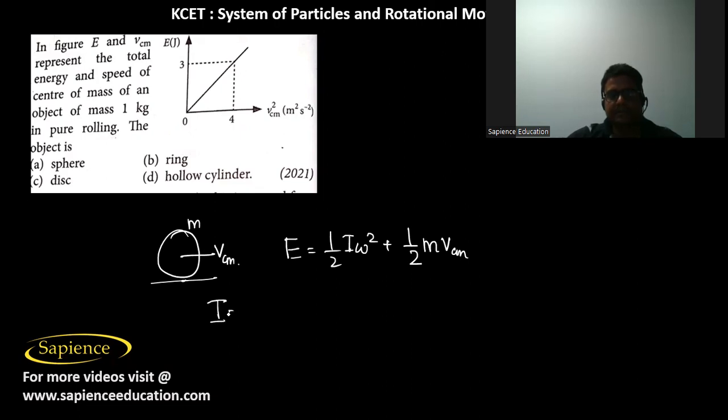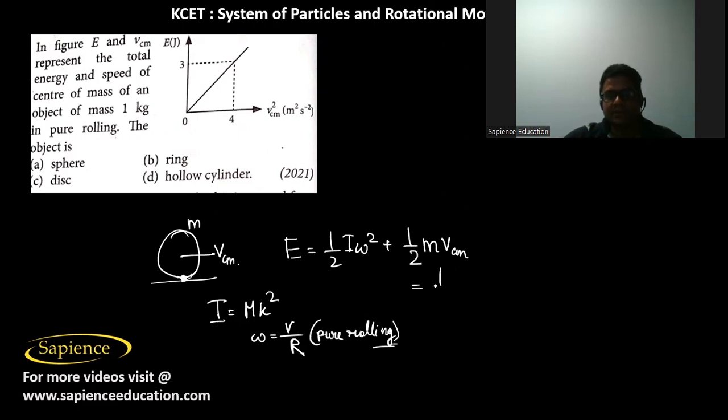And I can be written as m k square, and omega is obviously v by r, since it is pure rolling. For pure rolling, we can tell v is equal to r omega, since the point of contact is at rest with respect to the ground.